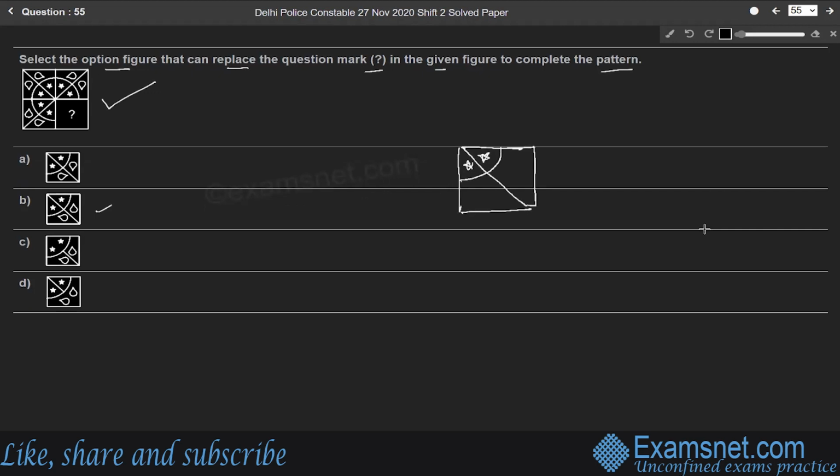And the other portion is the droplet shape. So these droplets are facing away from each other. Whereas in option A, all other patterns are similar to the given figure, but the droplets are facing towards each other. So option A is not the answer. So option B is the correct answer.